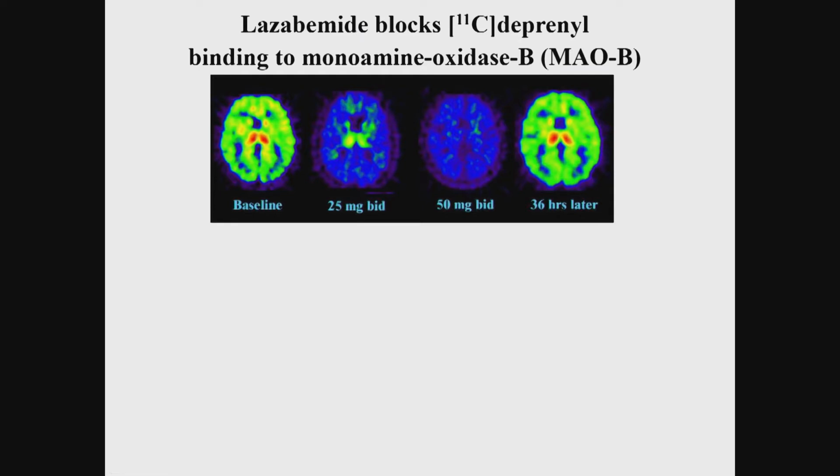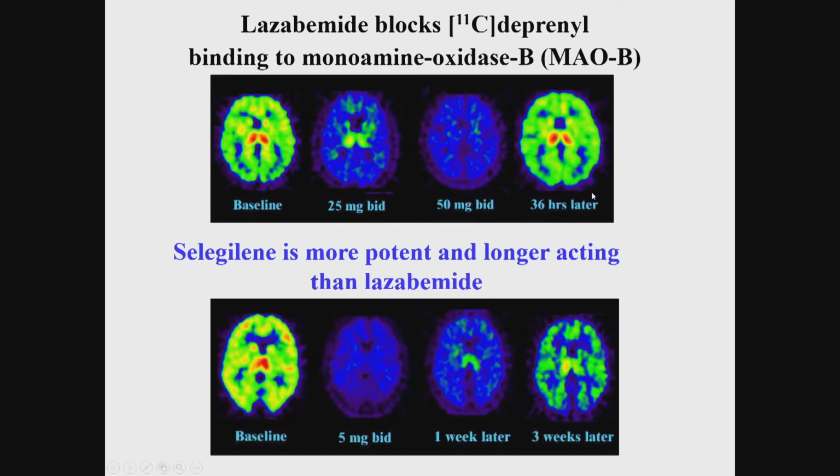So this is non-radioactive lazabamide. You can see what happens, how you block the uptake at 25 BID, 50 milligrams is more, but that it all returns after about 36 hours. Okay, so let's compare this to if you used selegiline, which is a marketed antidepressant and also an MAOB inhibitor.